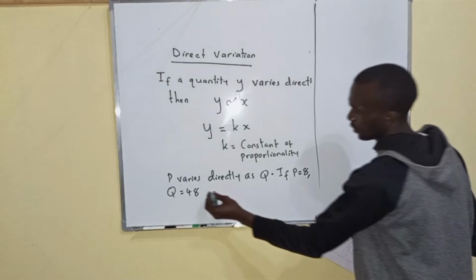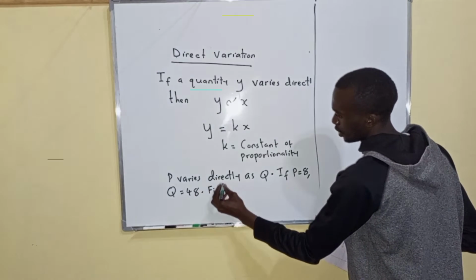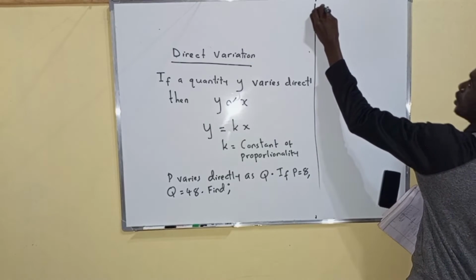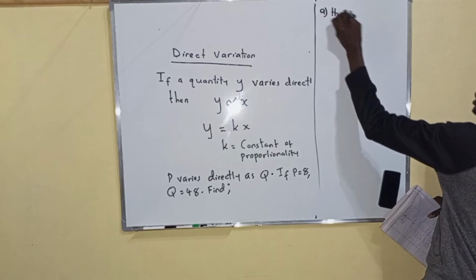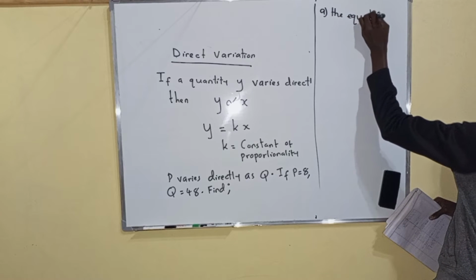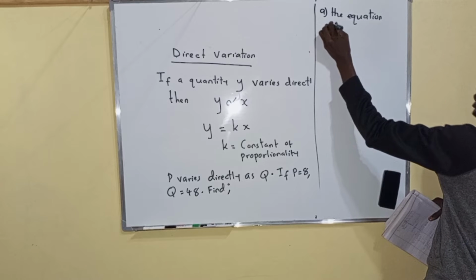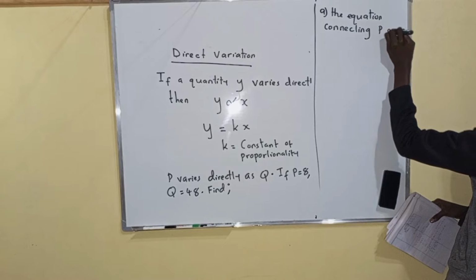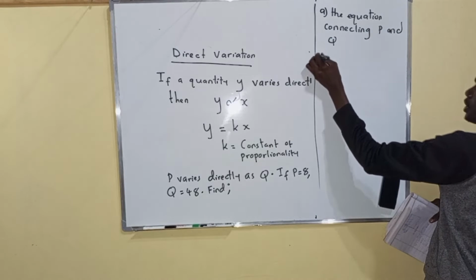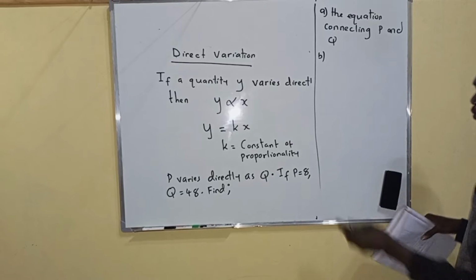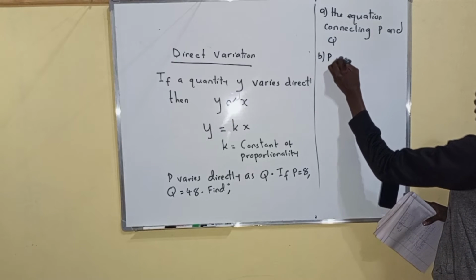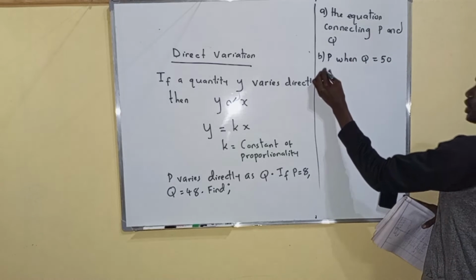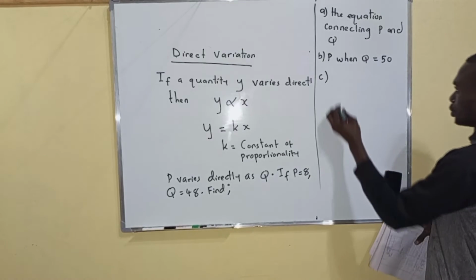Find: part A, the equation connecting P and Q. B, P when Q is equal to 50. And C, Q when P is equal to 12.